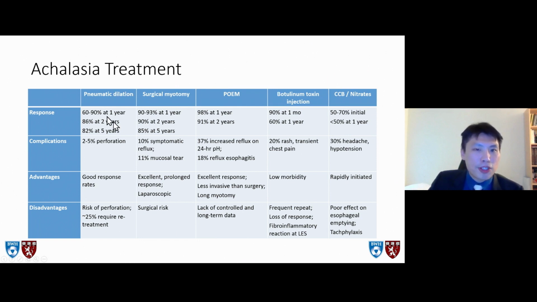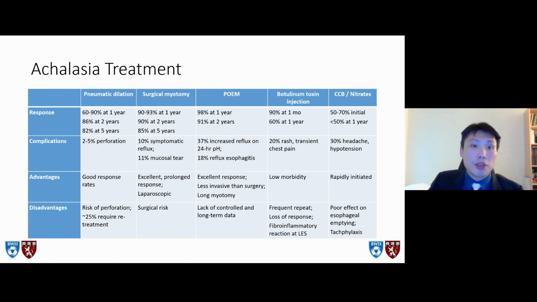As you can see, the first three, pneumatic dilation or the two myotomy options, have generally great response, both at 2 years and at 5 years, upward of 80 to 90% have good response, compared to Botox injection and calcium channel blockers, which generally have lower response. Botox usually has good response initially, but generally it will decrease over time. And smooth muscle relaxants just generally don't have great response, usually around 50% or so.